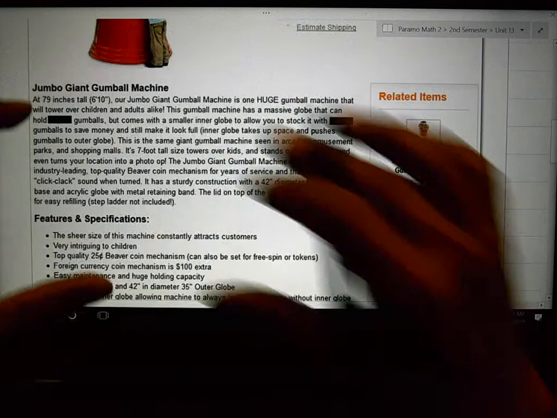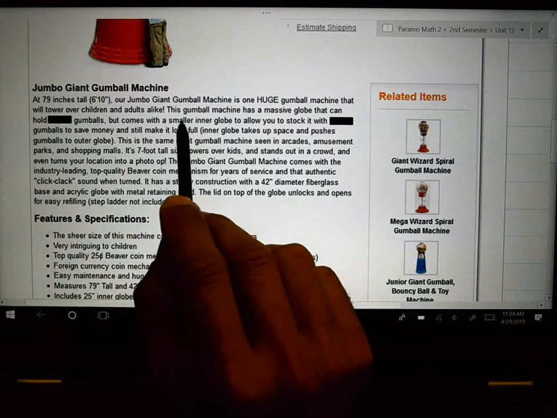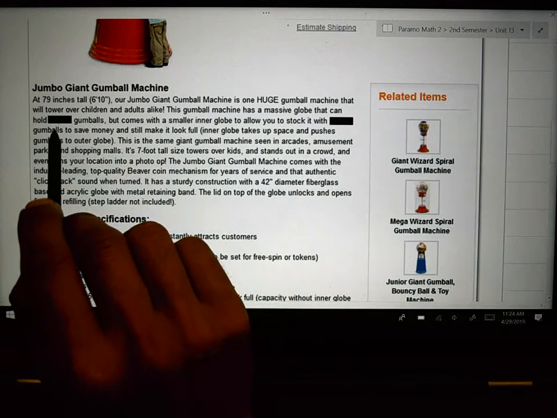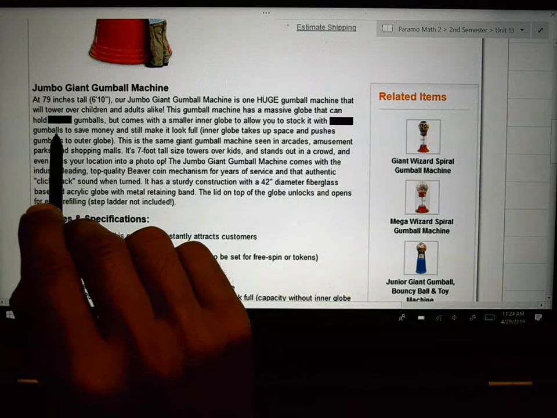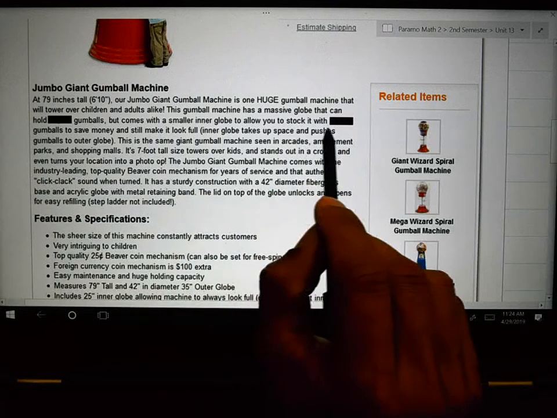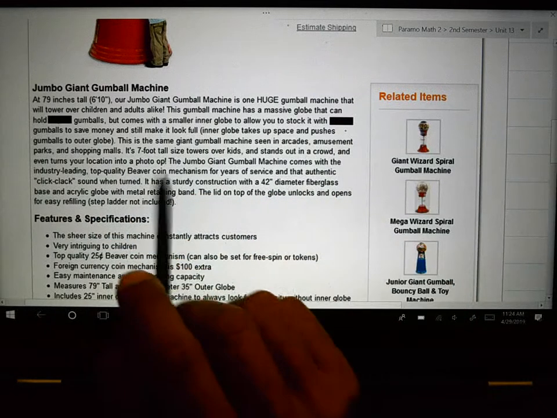And then they have this whole ad, and the ad says this gumball machine has a massive globe that can hold, and then they block out how many gumballs it can actually hold. And then it talks about an inner globe that can store so many gumballs to save money.